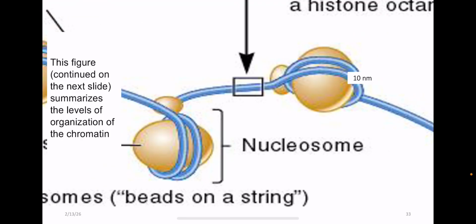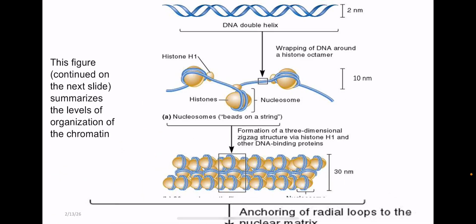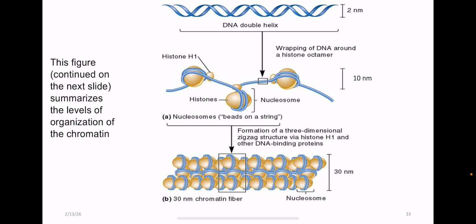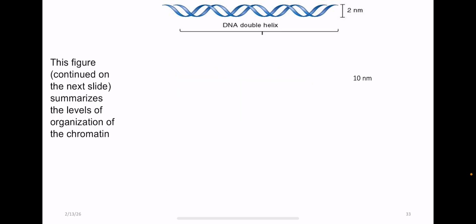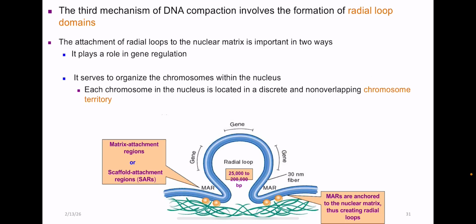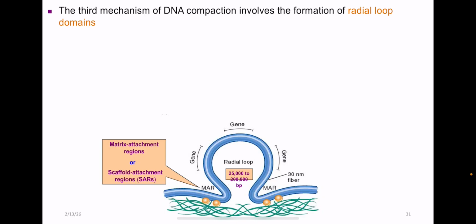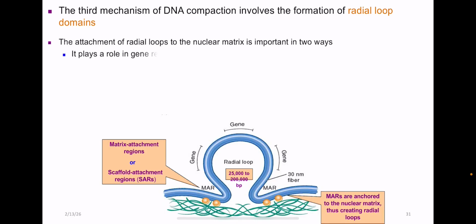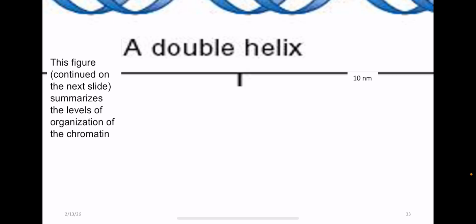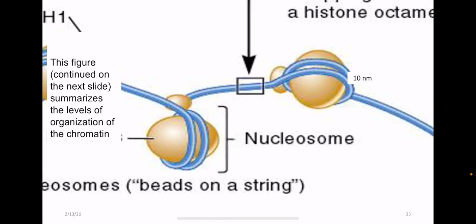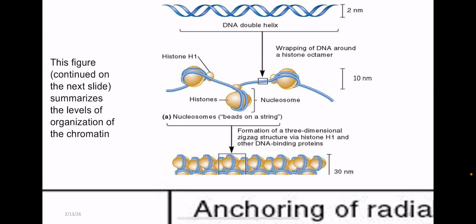So let's, okay, I'm not sure there's actually a diagram for it, but let's recount. I think this is the last level of folding we are going to discuss, but this is not the last one. Most euchromatin is actually in this 300 nanometer stage.